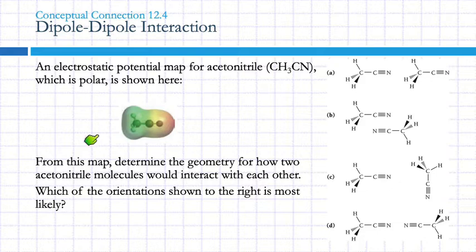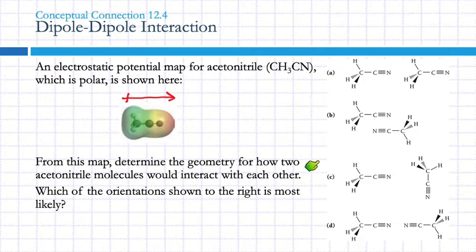This is an electrostatic potential map for acetonitrile. If we draw the dipole here, the nitrogen end, where the red is, is more negative, and the other end, where the hydrogens are, is more positive. So if we have 2 of those molecules, how are they going to be attracted to each other?